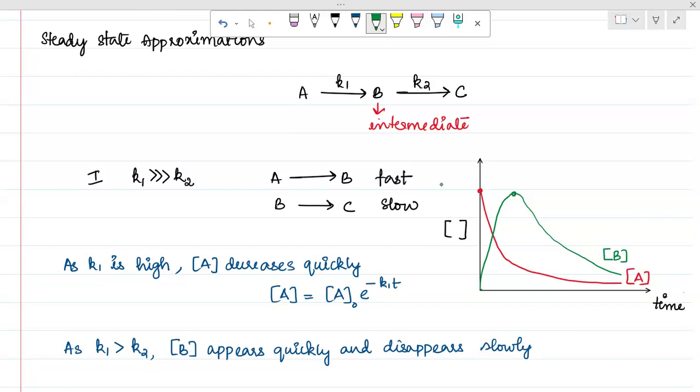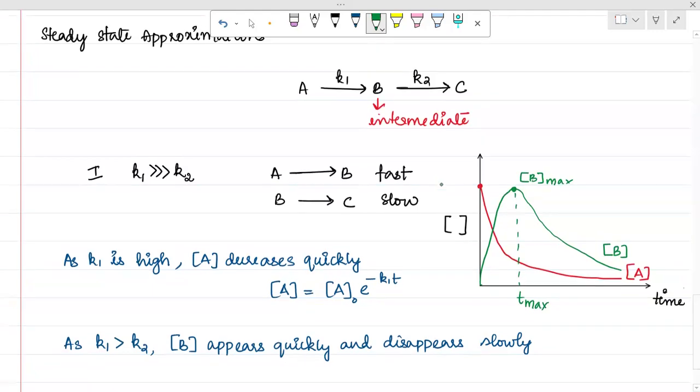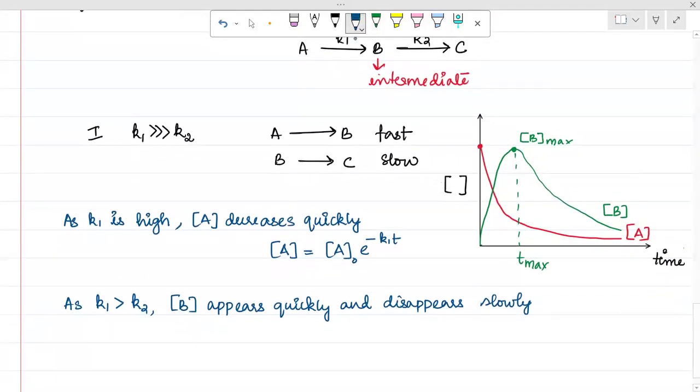There is a tip point over here, which is the maximum concentration of B, and the time corresponding to the formation of maximum concentration of the intermediate is t max. We know the expression for the same from the previous session: ln of K2 minus ln of K1 by K2 minus K1. And again, C, the final product, is formed slowly as K2 is very low.